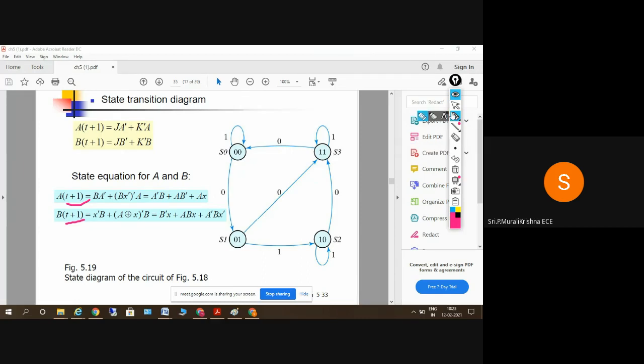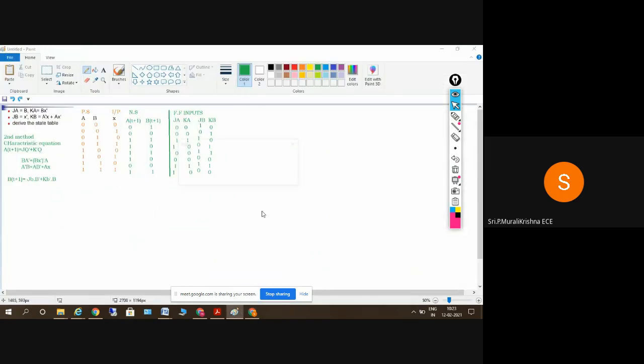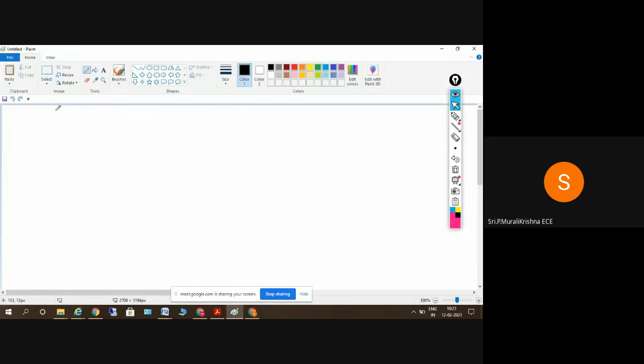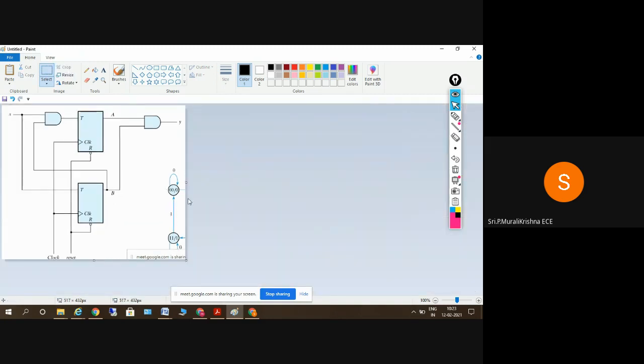So next is analysis using T flip flops. Take note of this diagram.